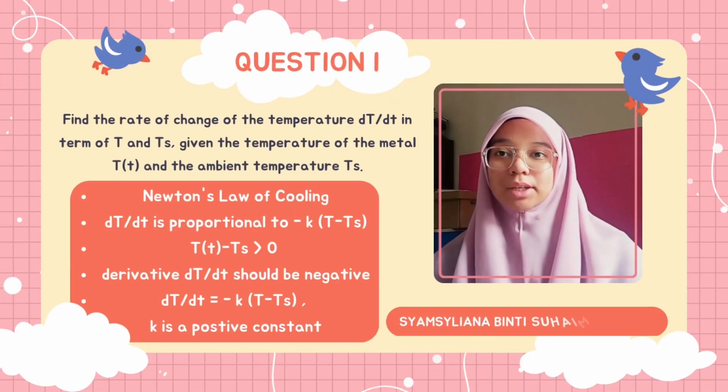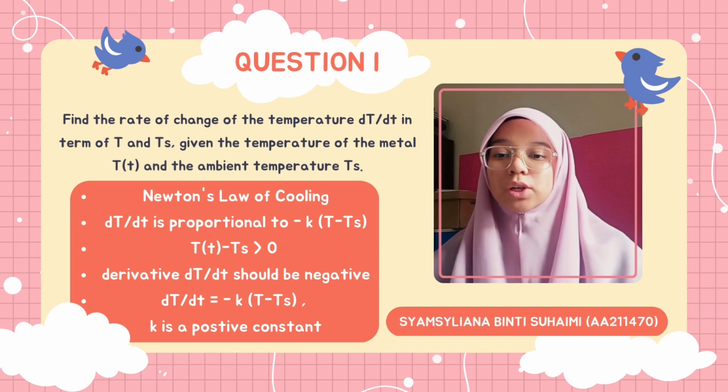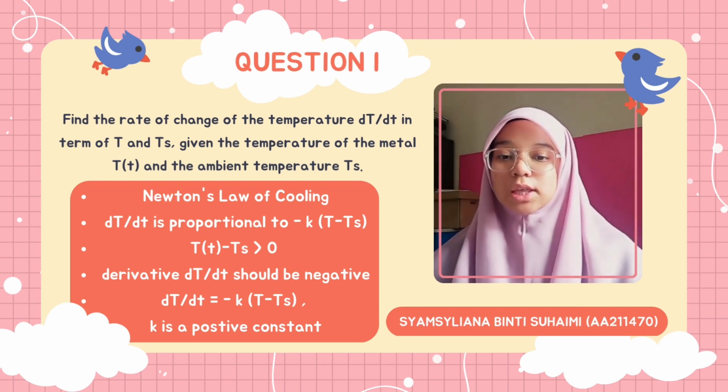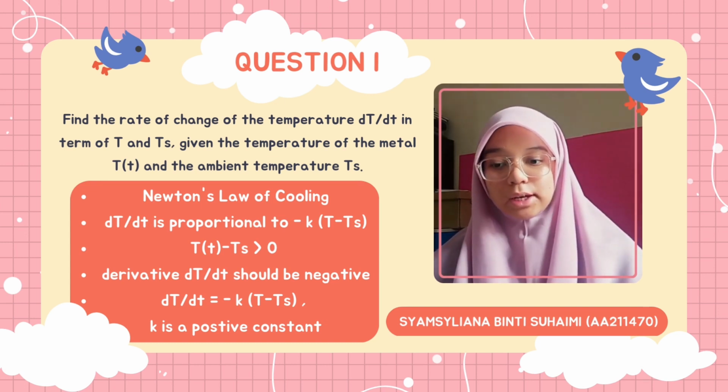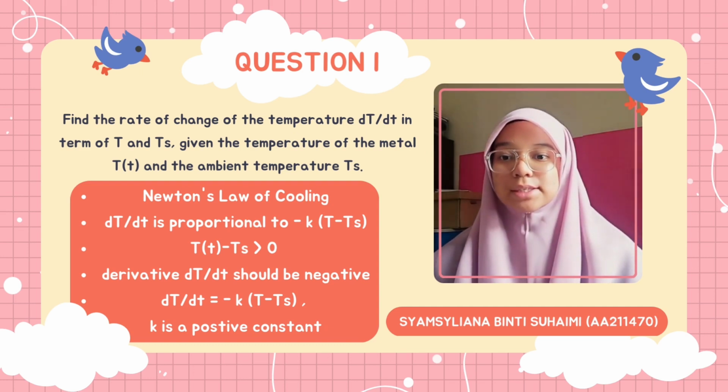Assalamualaikum and hi, my name is Shamsiliana binti Suhaimi and I will present to you our result. The first question is to find the rate of change of the temperature dT/dt in terms of T and Ts, given the temperature of the metal is capital T(t), where small t is time, and the ambient temperature Ts.